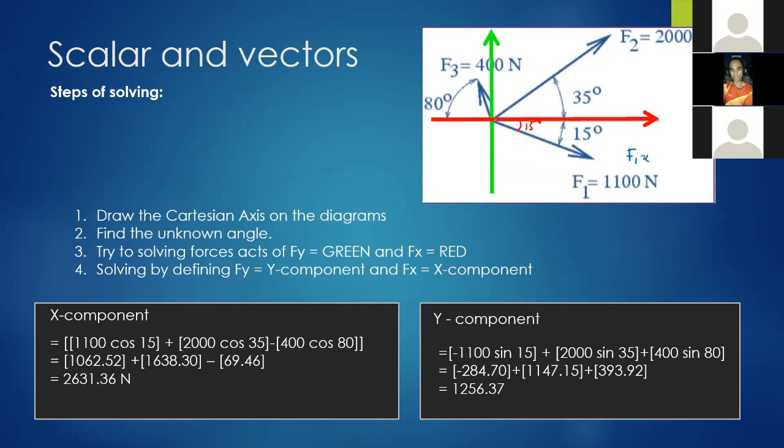How to find the F1X? By using cos or sine, which one are we going to use? Cos. So F1X is 1100 cos 15 degrees, right?